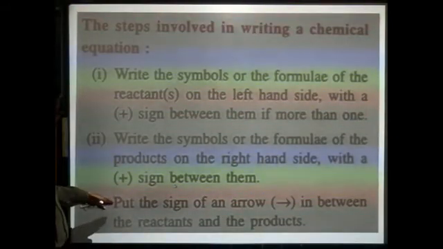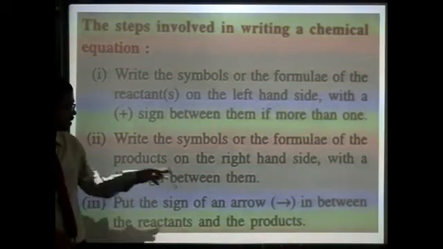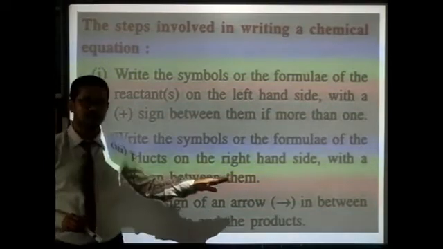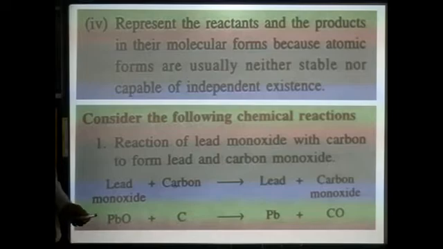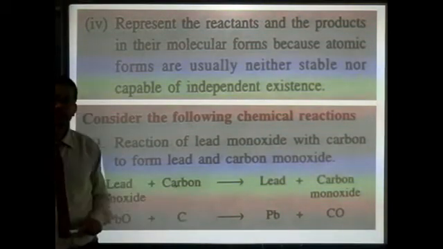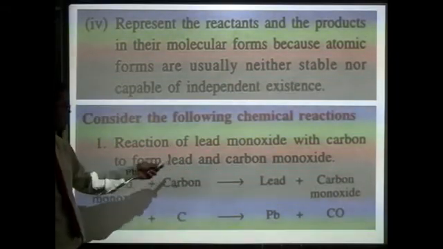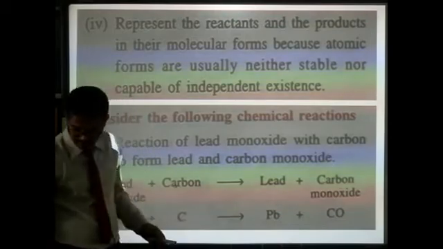Then step number 3, put the sign of an arrow in between the reactants and the products. As you can see here, we are putting an arrow in between the reactants and the product.